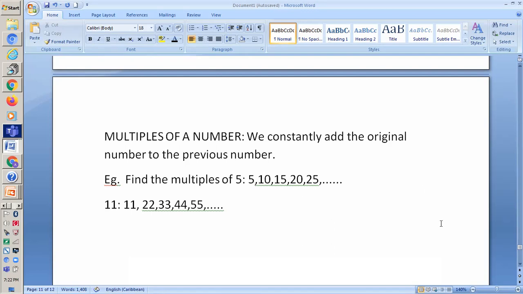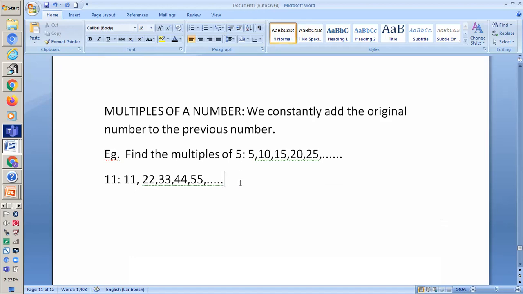So rather than asking for the highest common multiple, what do you think they want to find? The lowest common multiple. That makes more sense, don't you think? Not the highest.